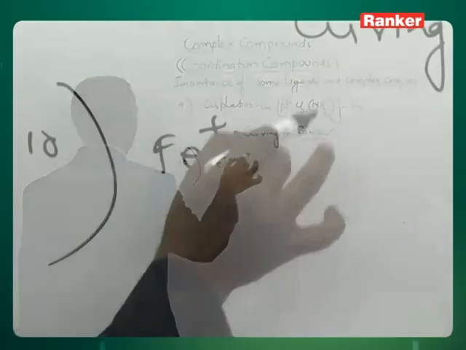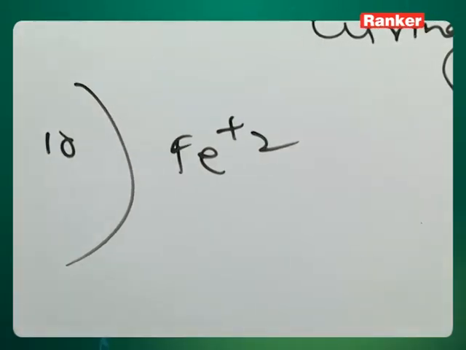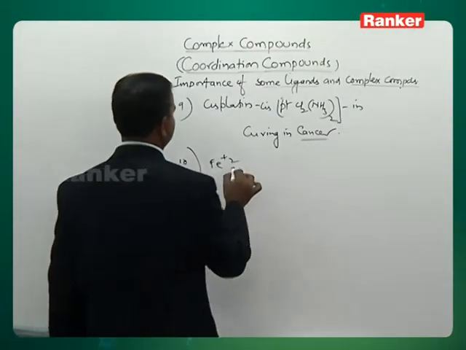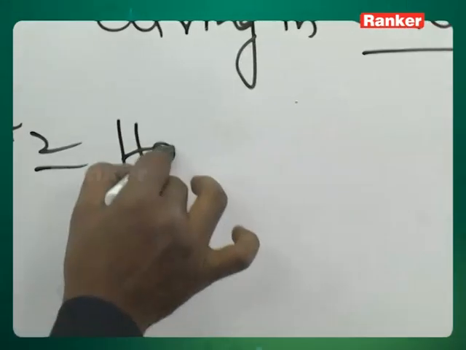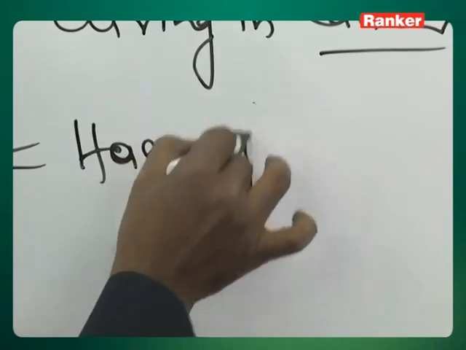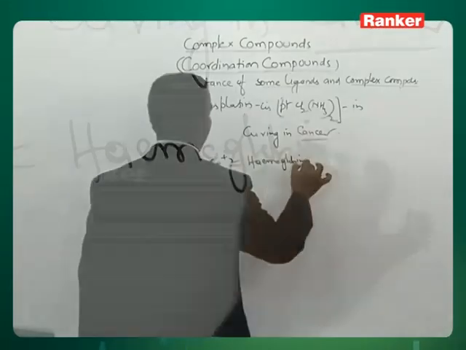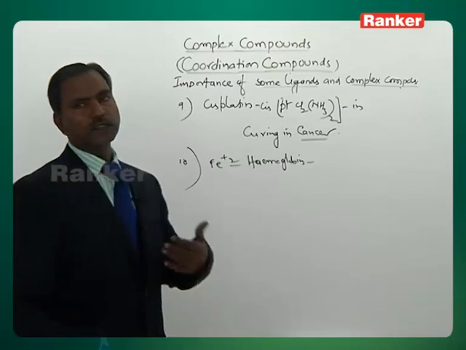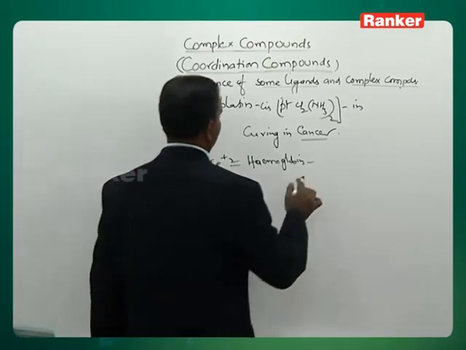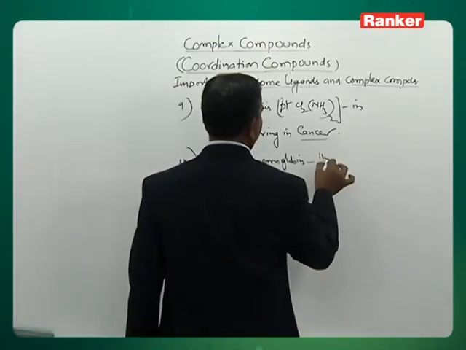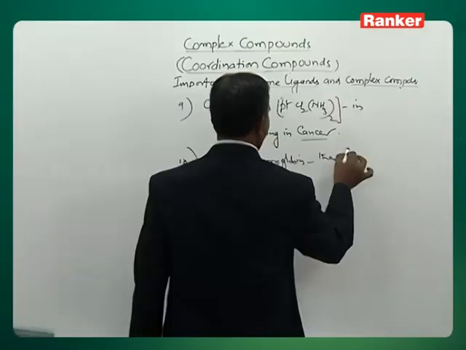You know well, this iron 2+ complex is what you call hemoglobin, which is involved in the transport of oxygen in our body. Hemoglobin is there in red blood cells.